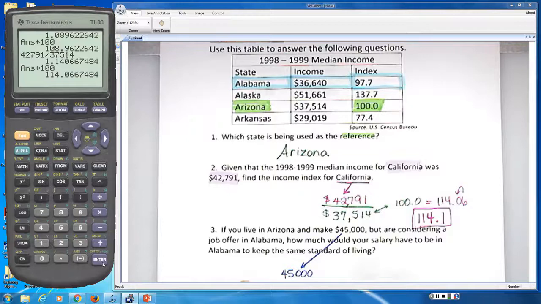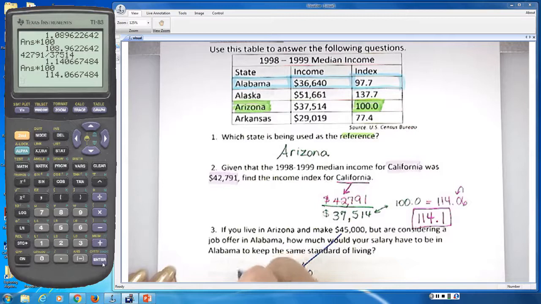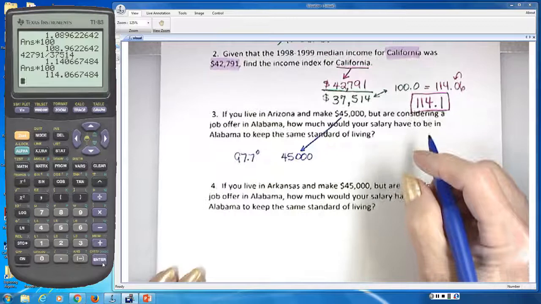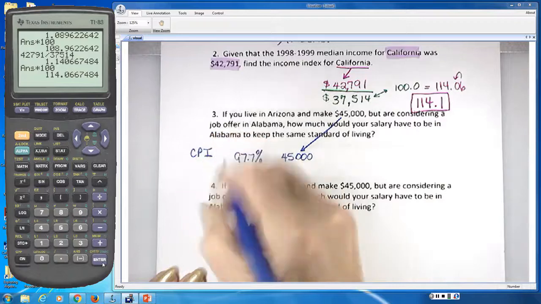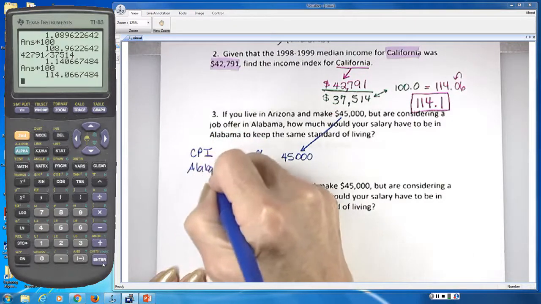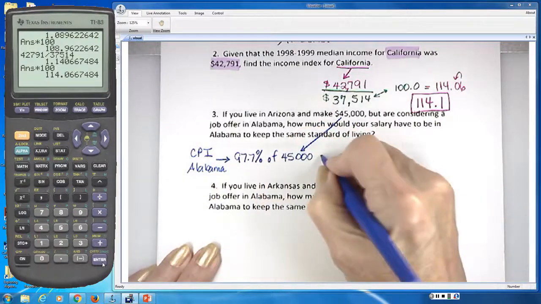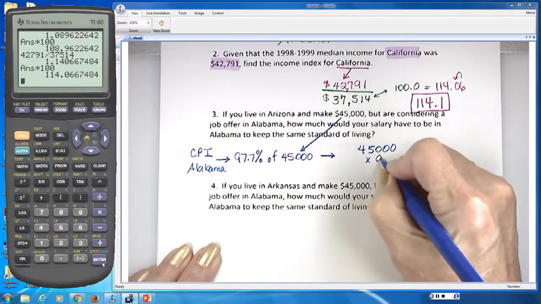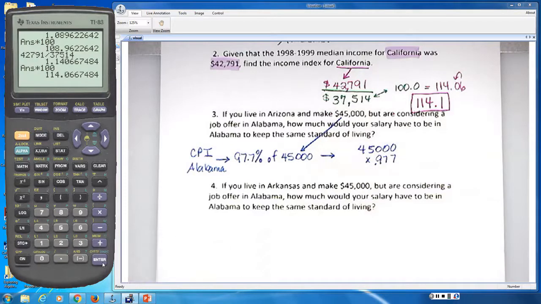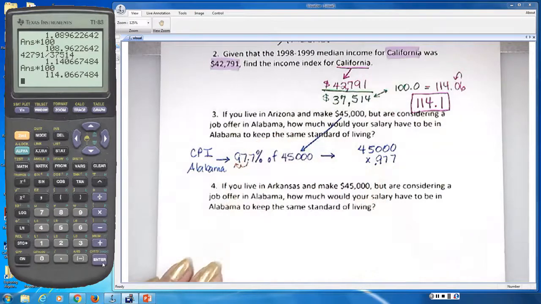So if you take your index and convert it from a percent into a decimal so you can multiply by it, 97.7% to a decimal is 0.977.